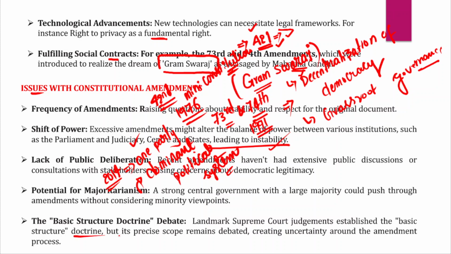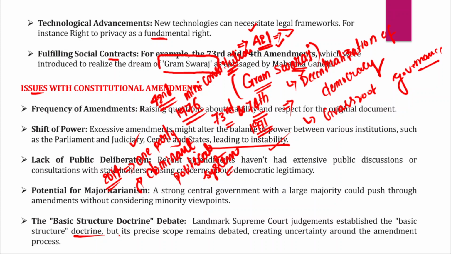However, when we talk about the doctrine of the basic structure, the scope of the basic structure remains debated, because there is no legislation framed by the parliament that talks about the basic structure doctrine, and there is no constitutional provision which talks about it. It is just a judicial pronouncement, just a judicial interpretation, it is not codified.